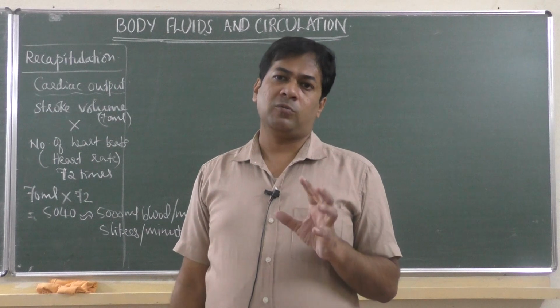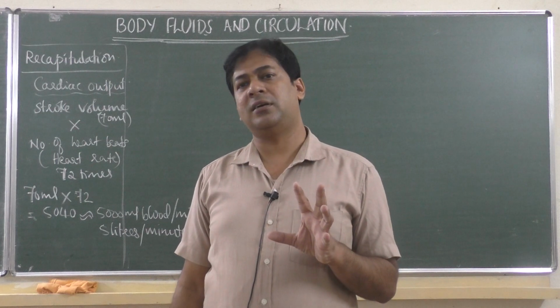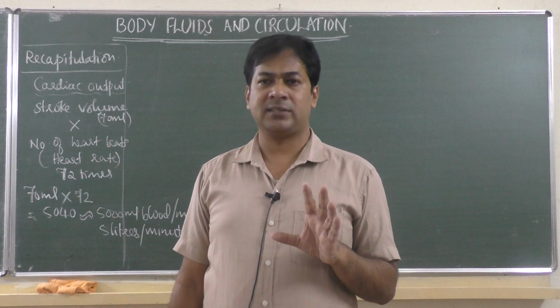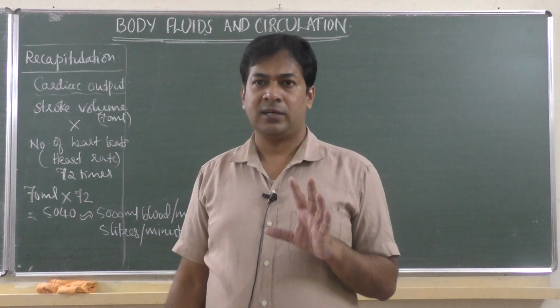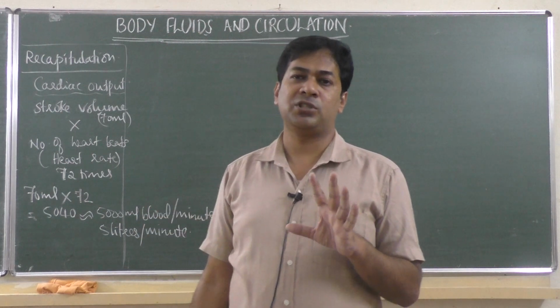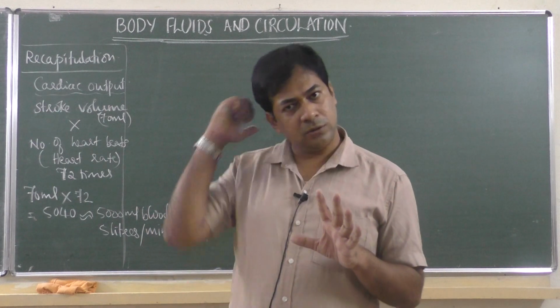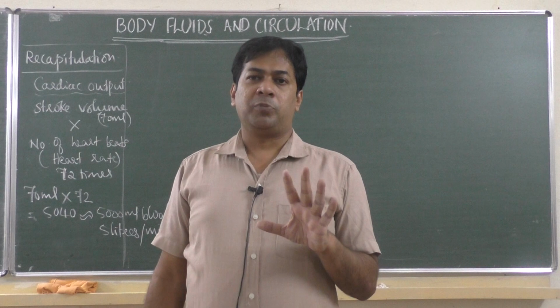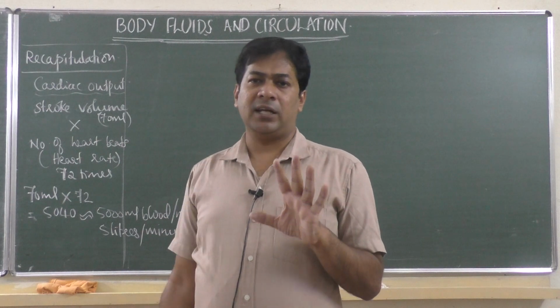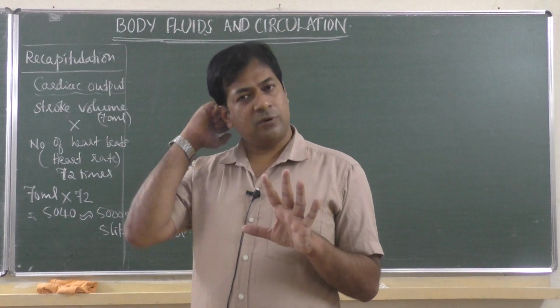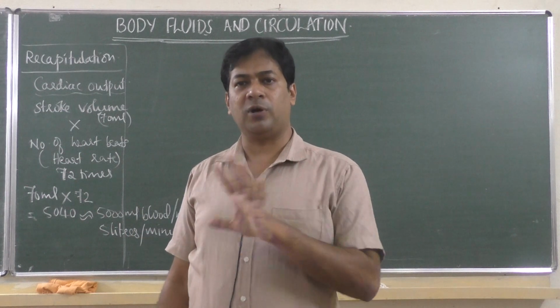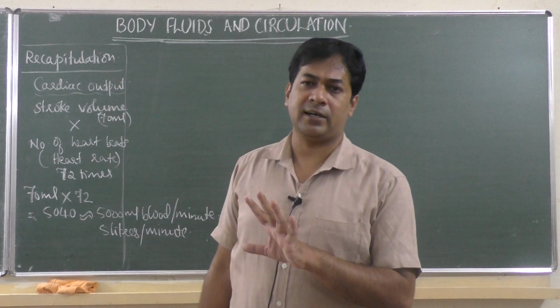The volume of blood pumped by the ventricles in a cardiac cycle is 70 ml, that is called stroke volume, multiplied by the number of heartbeats. So cardiac output is a product of stroke volume into heartbeat or heart rate.